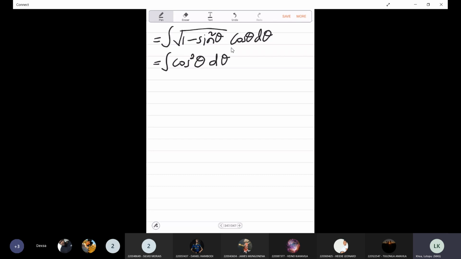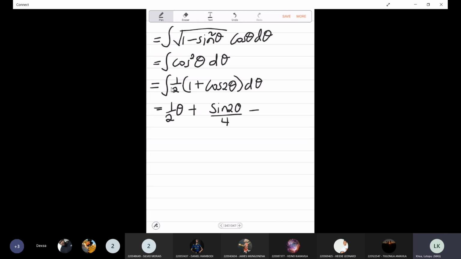Then again from here we rewrite it in terms of its double angle identity. This is the integral of half times 1 plus cos 2 theta d theta, which is a half theta plus the integral of cos 2 theta, which is sine 2 theta divided by 2, and then you multiply it by half. So you'll have sine 2 theta over 4, and then add your constant of integration.